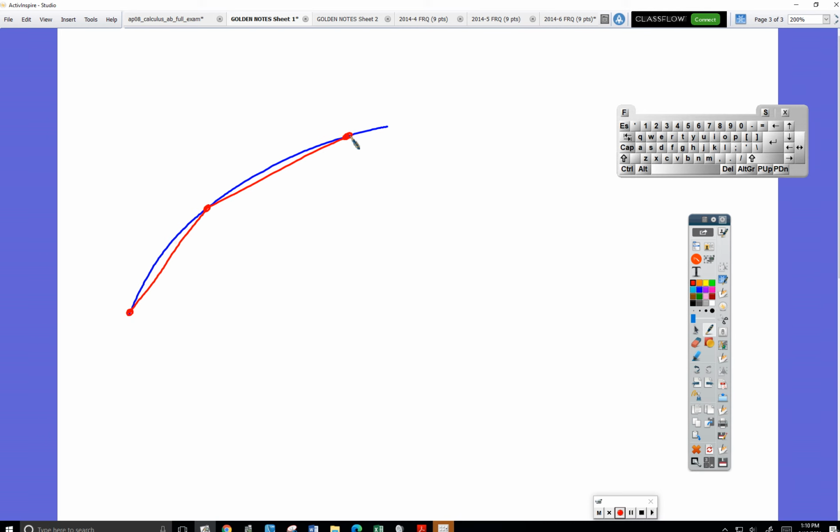If you were to follow tangent slopes, you get exactly the same result. This slope to this slope to this slope, the slope values decrease.